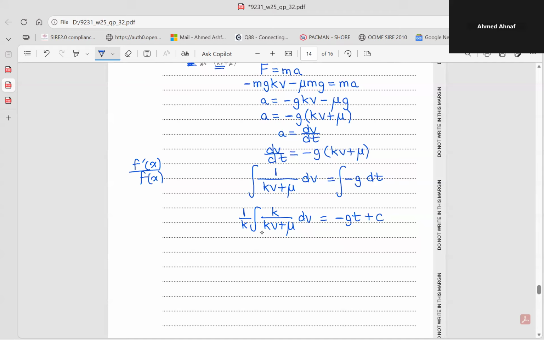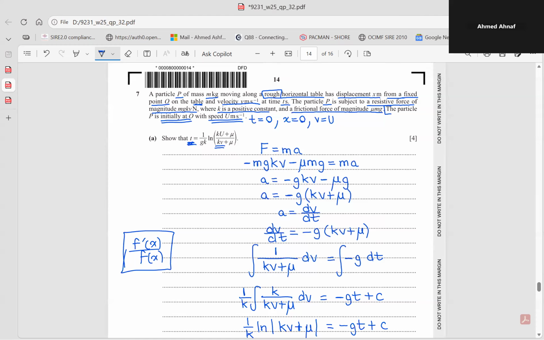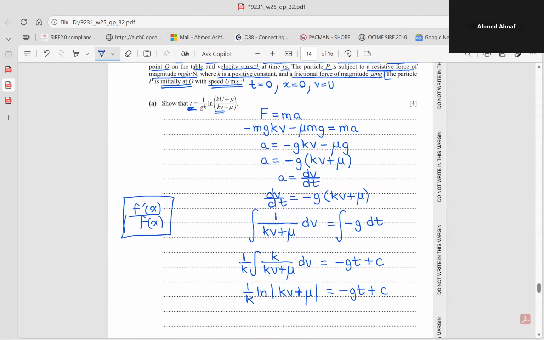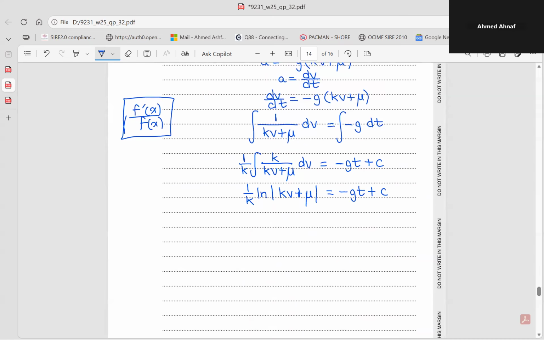Since inside the integral it's exactly in this form, it's just going to be 1 over k ln kv plus mu, and this is minus gt plus c. Now it's time for us to substitute the initial conditions.